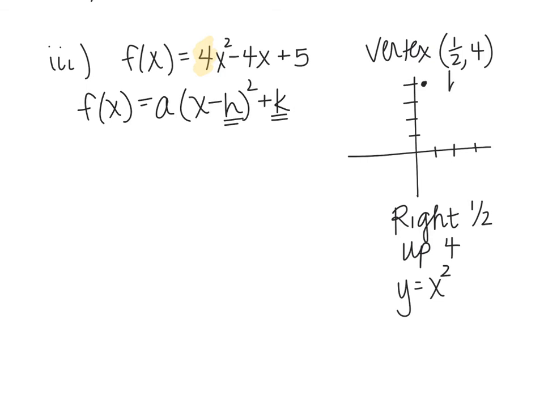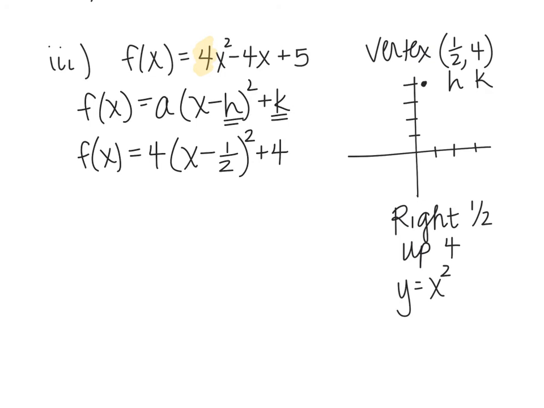So in this case, h would be 1/2 and k would be 4. However, I just prefer to think of it as a shift right 1/2 and a shift up 4. So my function in vertex form, my a value is 4, will be f of x equals 4 times the quantity x minus 1/2 squared plus 4. That'll give me the shift to the right 1/2, and then plus 4 will give me the shift up 4.